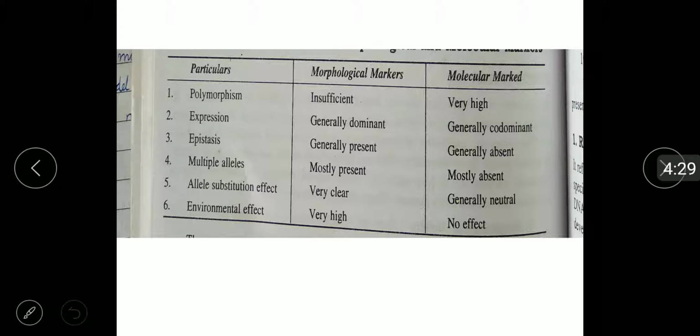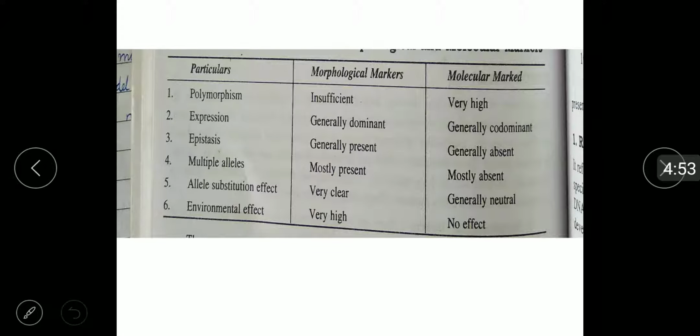depend on the environment to express. And for molecular markers there is no such effect because we are working at a molecular level. As an example of morphological markers, some varieties have an oblong shape specific to them, or a specific color.